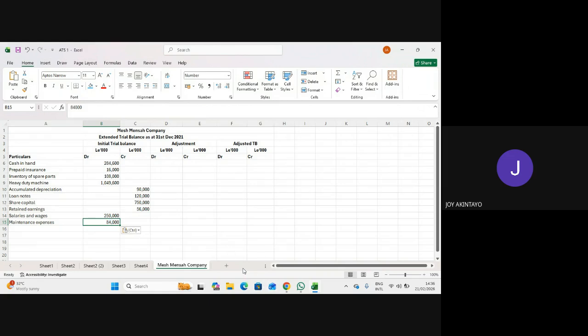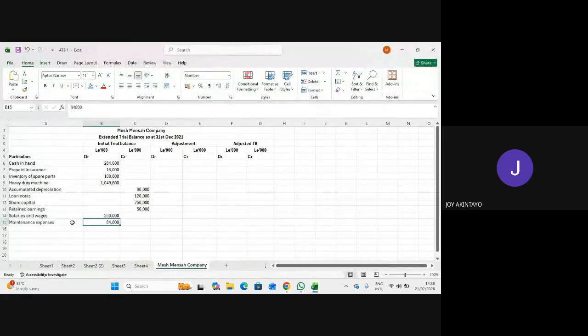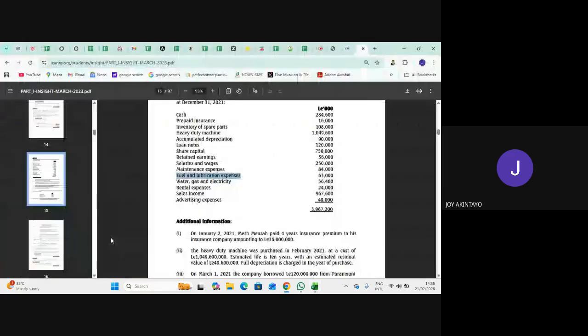Then fuel and lubrication expense. Where are we putting it? Debit side or credit? Same debit, because it's an expense.